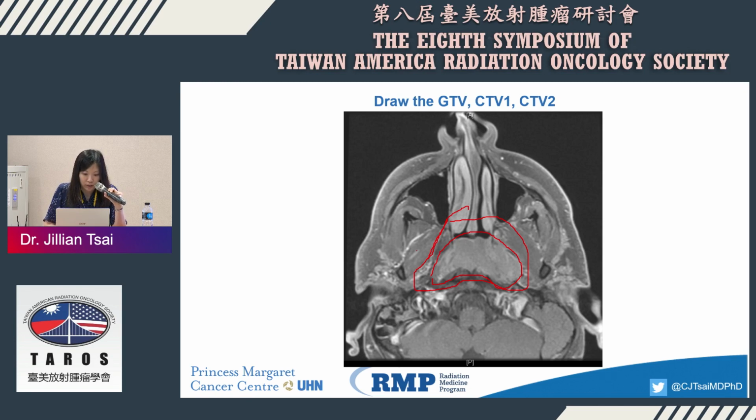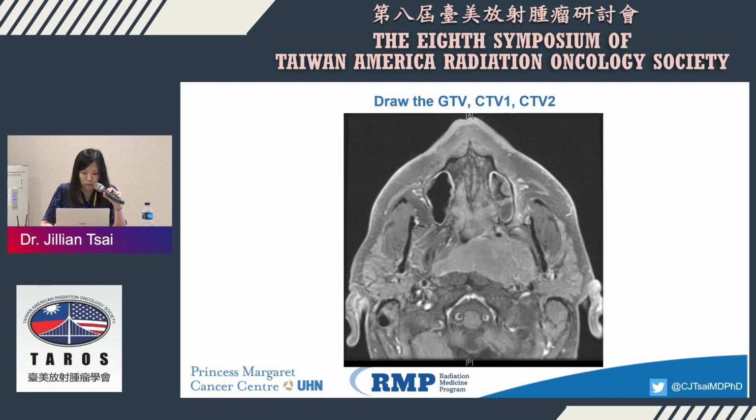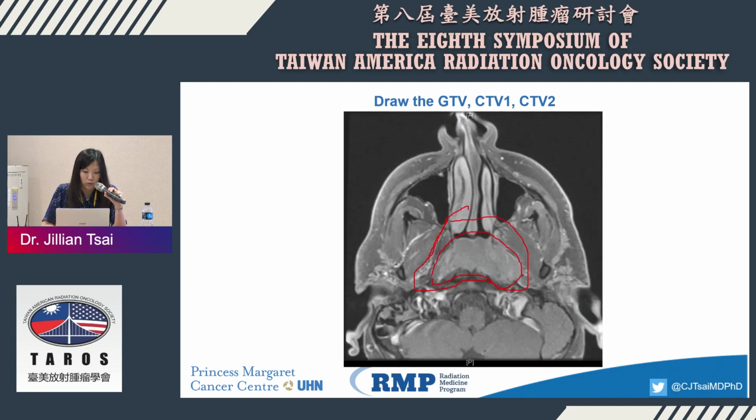So for the CTV, obviously you will want to cover, so let me just draw a different one. For the CTV 60, you want to cover the posterior 1/3 of the maxillary sinus, 1/3, 1/3.